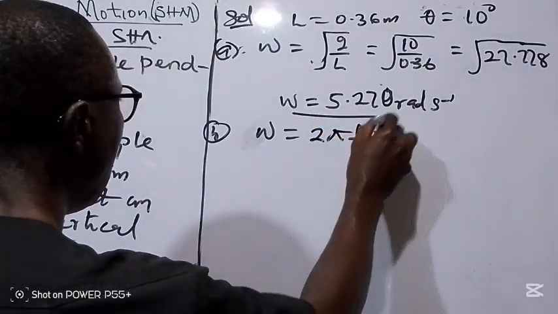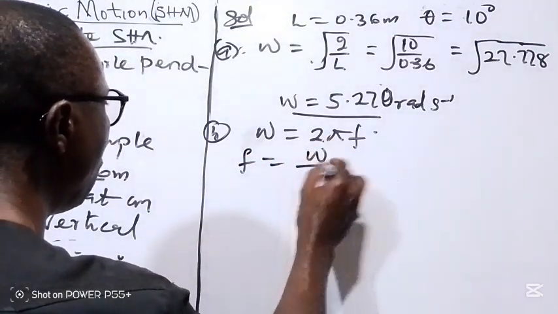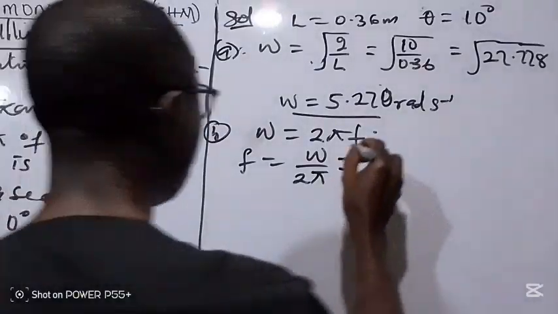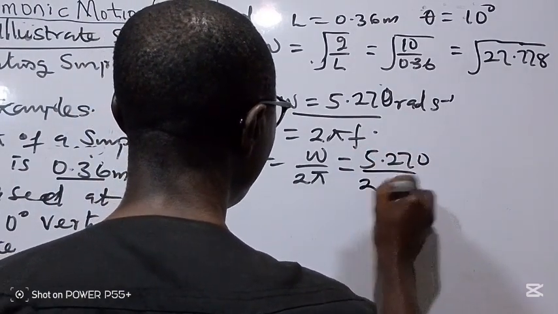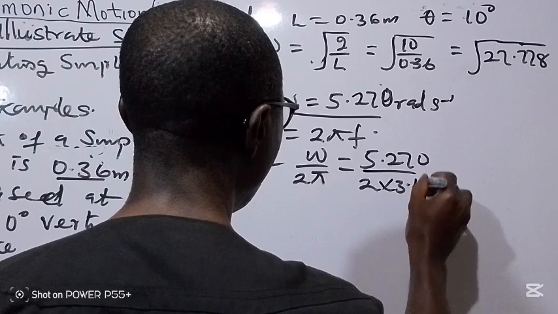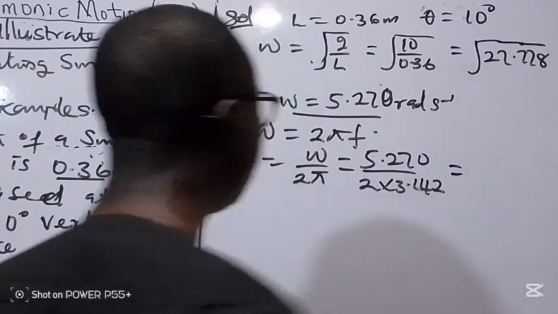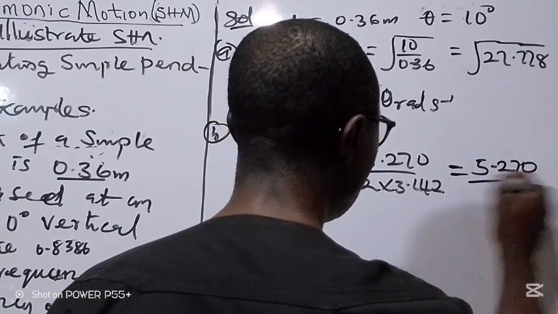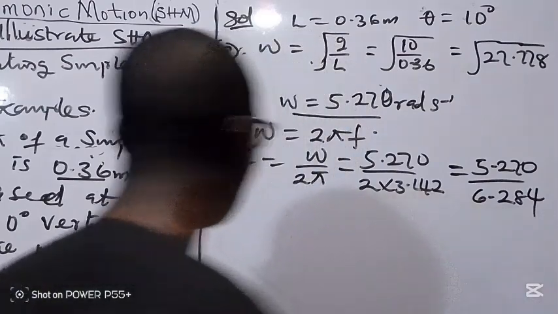Then that one will give us 5.270 over 2 multiplied by 3.142. So this one will be 5.270 divided by 6.284. And our f will now be equal to 0.836 hertz.